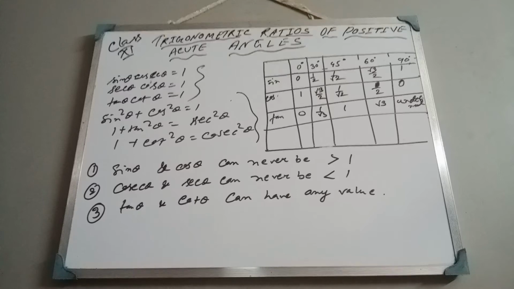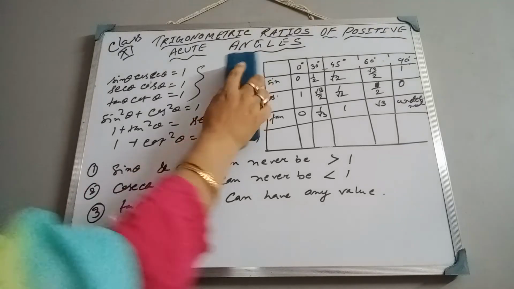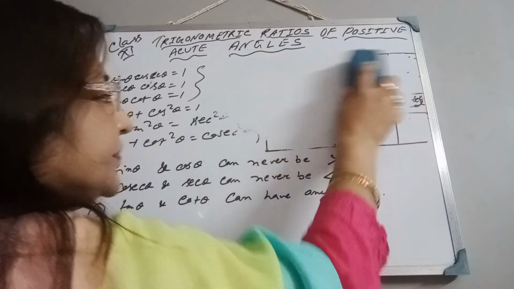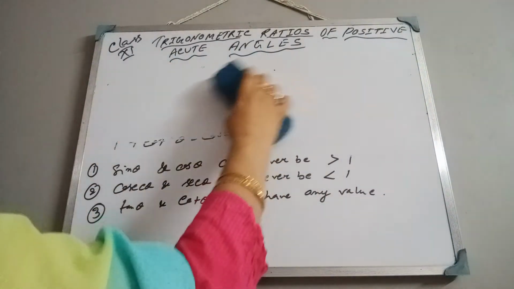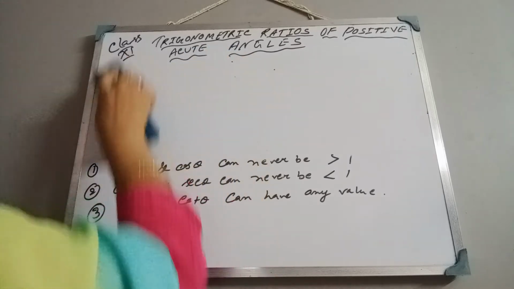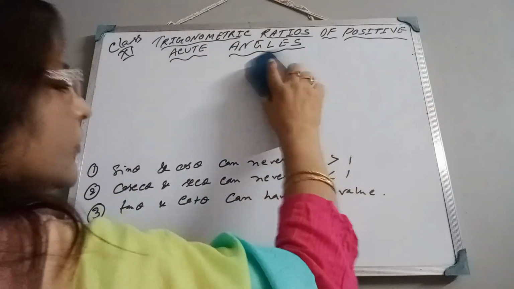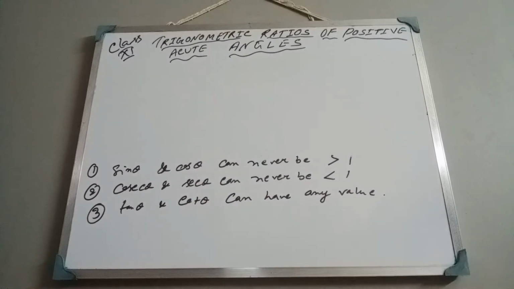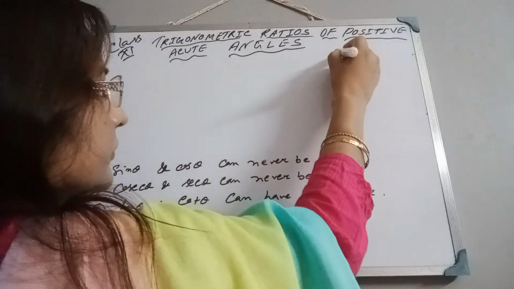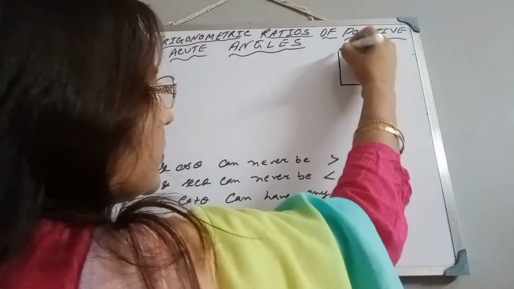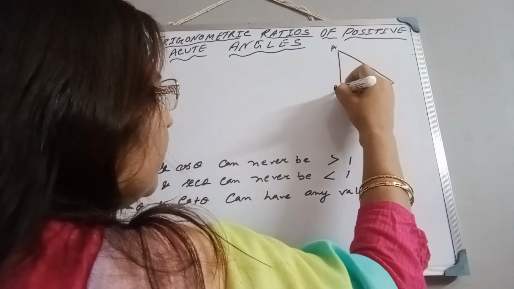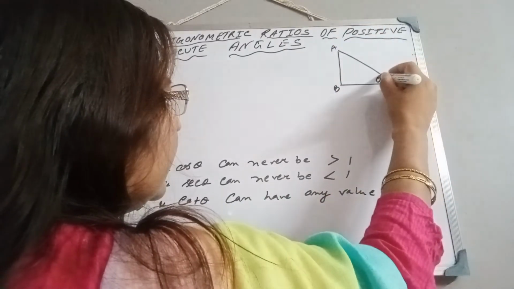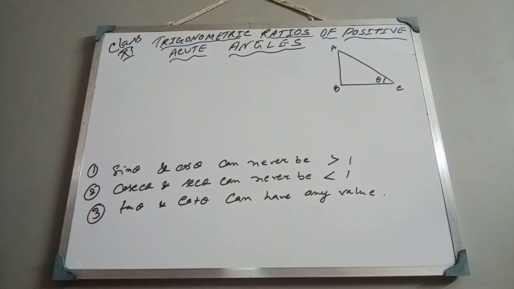Okay, the first one. Let me rub the board first. At first, we have to draw a right angle triangle ABC, with this angle theta.